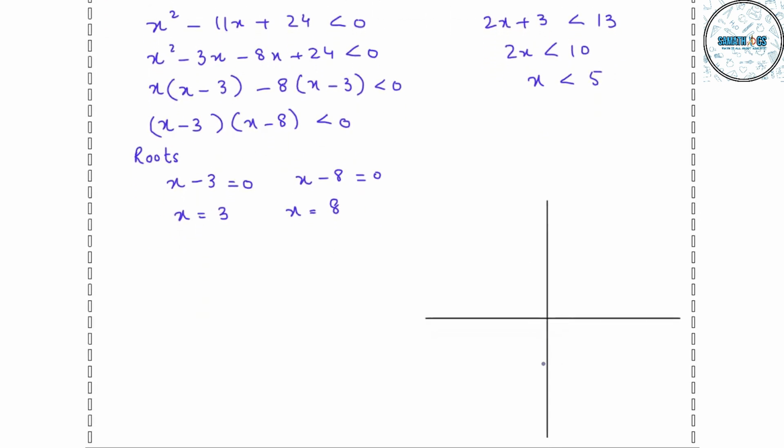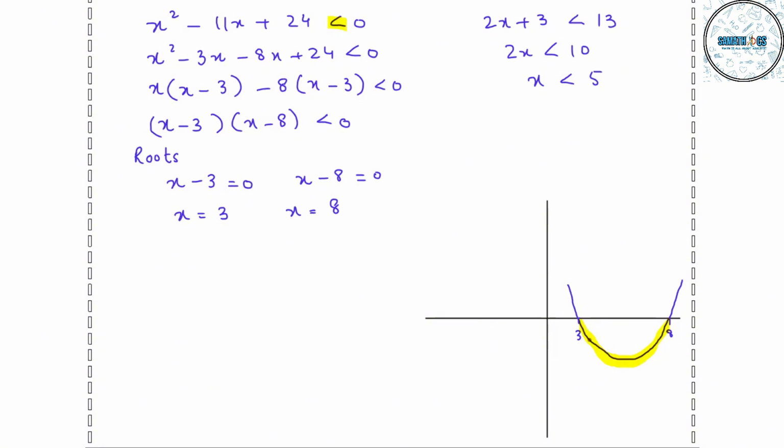Now we'll sketch the graph. For this, we have 3 here and 8 here. As the coefficient of x squared is positive, the curve is to be a minimum curve. And we have to consider the part of the curve which is below the x-axis, as we have a less than sign here.